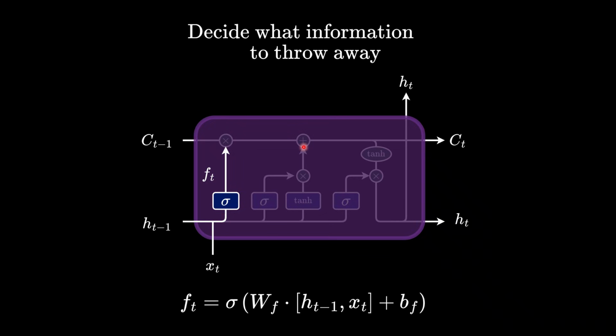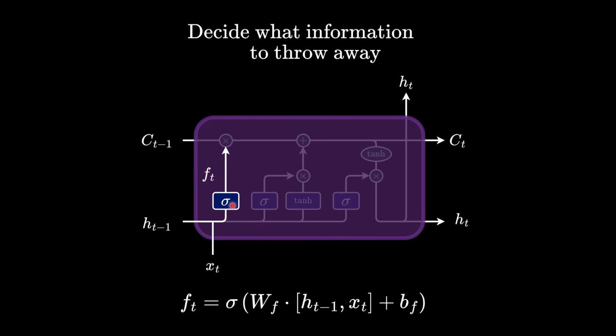For the forget gate, we pass xt and ht minus 1 through a neural network with the sigmoid activation function. Why sigmoid? Because sigmoid outputs values between 0 and 1. 0 means completely forget. 1 means keep everything. Values in between mean partially forget.